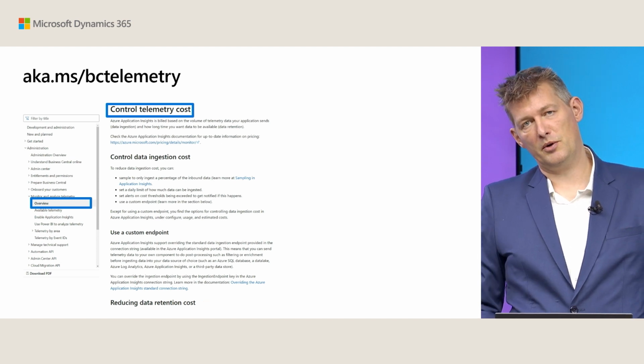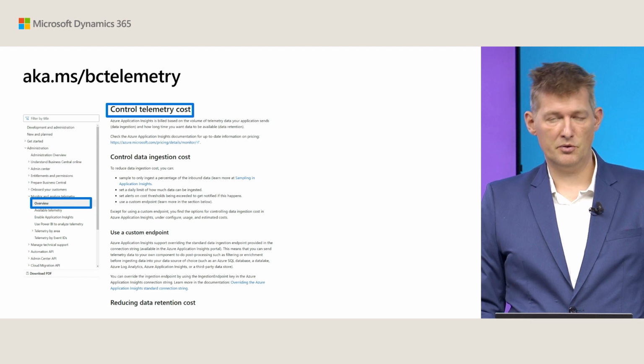And that's important when you start on the journey of telemetry, because the first question you will get from whoever is going to pay for this is, how much does it cost? Well, if you make sure that you set reasonable, say, daily caps, this can never explode, and this will always be giving you data. Then you can use these different techniques to make sure that you only get the data that is important for you.